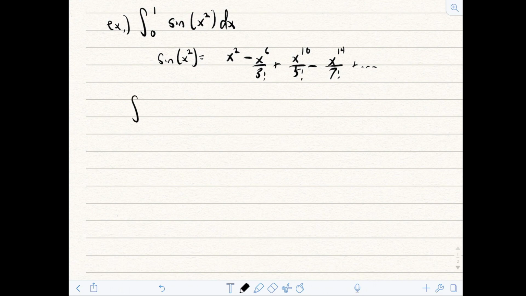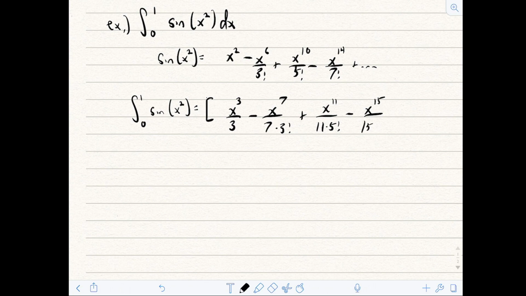Now, if I were to say, what is the integral from 0 to 1 of sine of x squared? That is, in a sense, the integral of each one of those terms. So what is the integral of x squared? Well, that's going to be x to the 3rd over 3 minus x to the 7th over 7 times 3 factorial, plus x to the 11th over 11 times 5 factorial, minus x to the 15th over 15 times 7 factorial plus dot dot dot, and then we're going from 0 to 1.